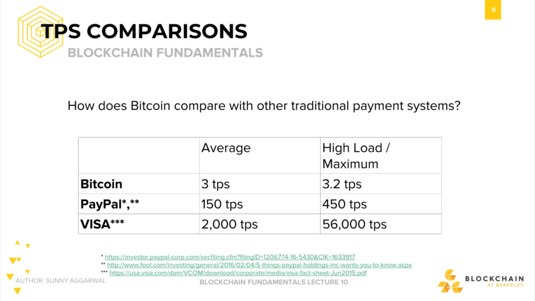Well, Bitcoin cannot scale much more. It can still do just about 3.2 transactions per second as per our calculations. PayPal can do 450 and Visa can do 56,000 transactions per second. Now, how is Bitcoin supposed to replace Visa if Bitcoin can do 3.2 transactions per second and Visa is out there doing 56,000? That is basically why we have a scalability lecture and a lot of scaling solutions.